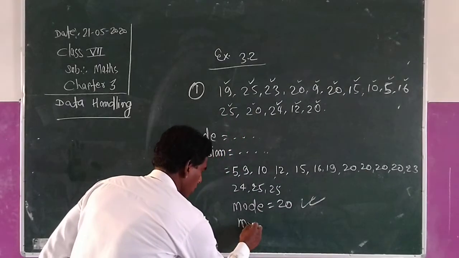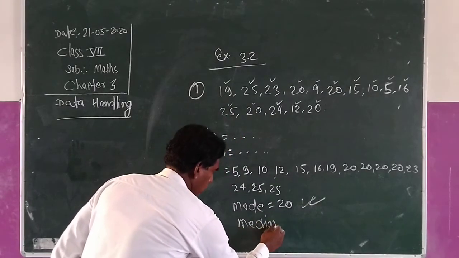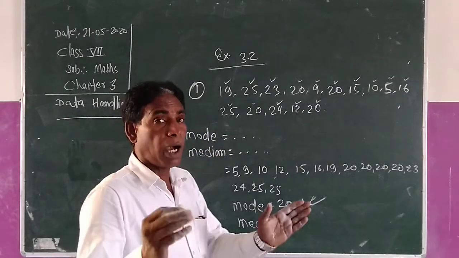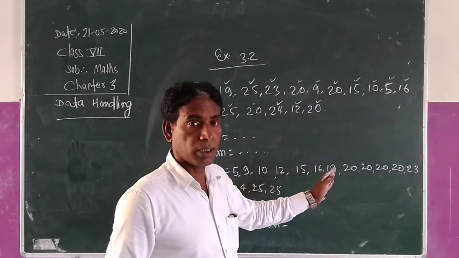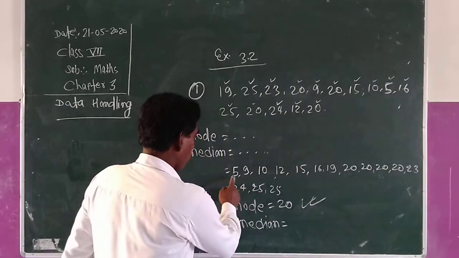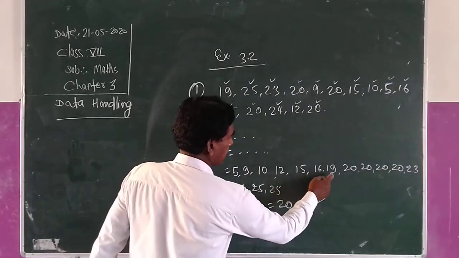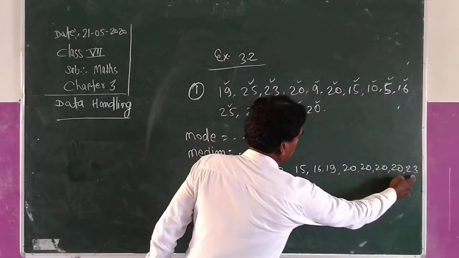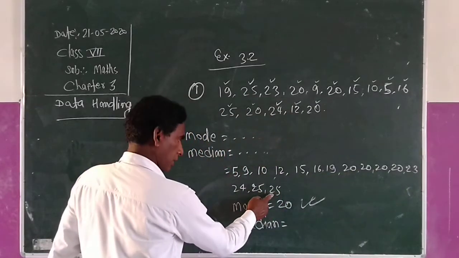Median. You divide the given observations into two parts around the middle: 1, 2, 3, 4, 5, 6, 7, 8, 9, 10, 11, 12, 13, 14, 15.